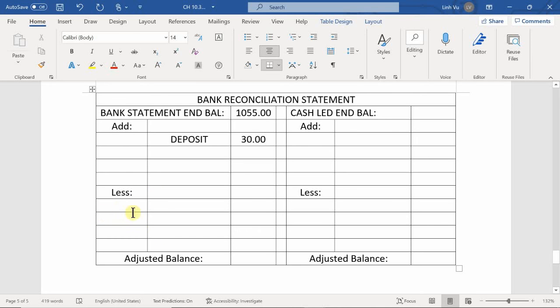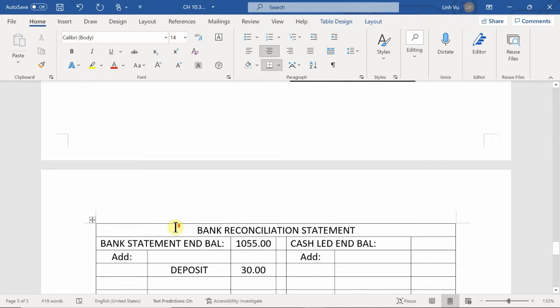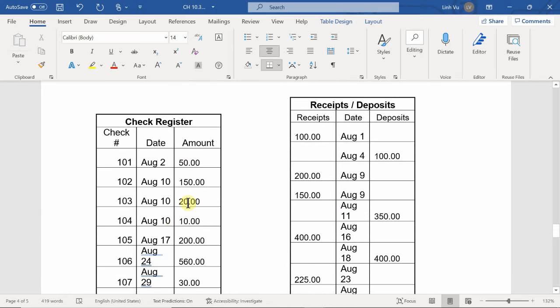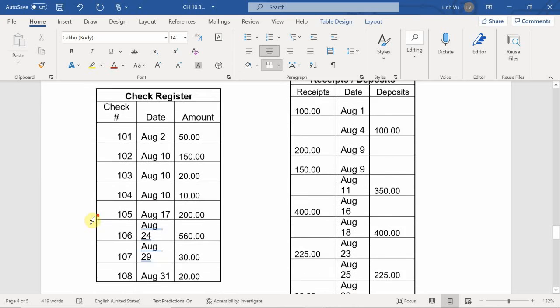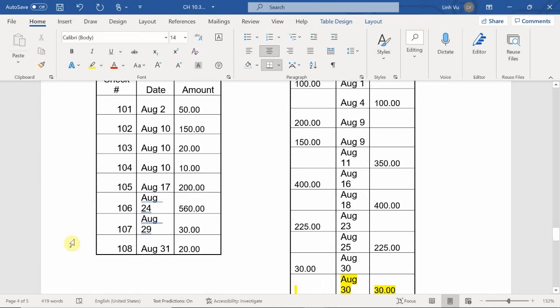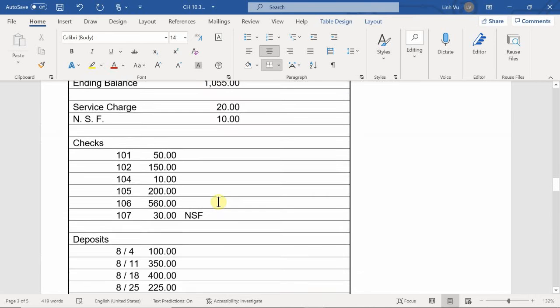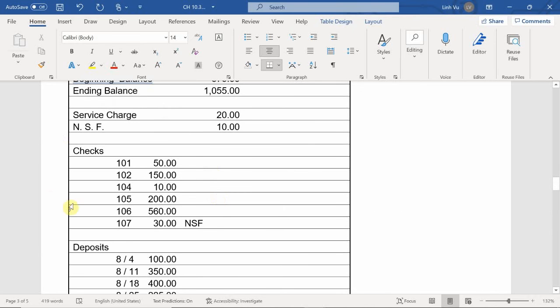What's my O? Your outstanding checks. So let's take a look at my check register. I wrote check number 101, 102, 103, 104, 105, 106, 107, 108. And let's check out my bank. Check number 101 cleared. Check 102 cleared. I have a discrepancy.